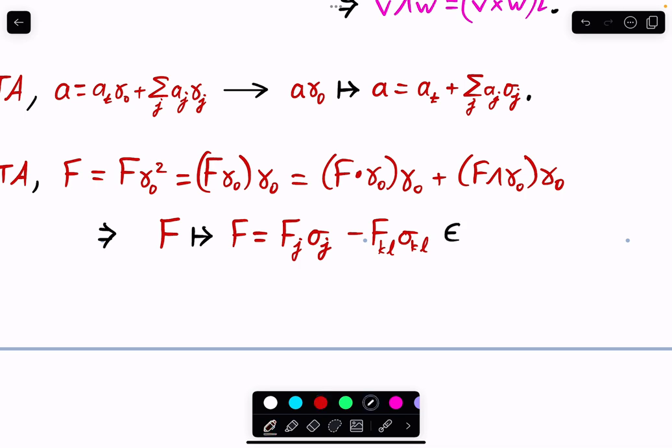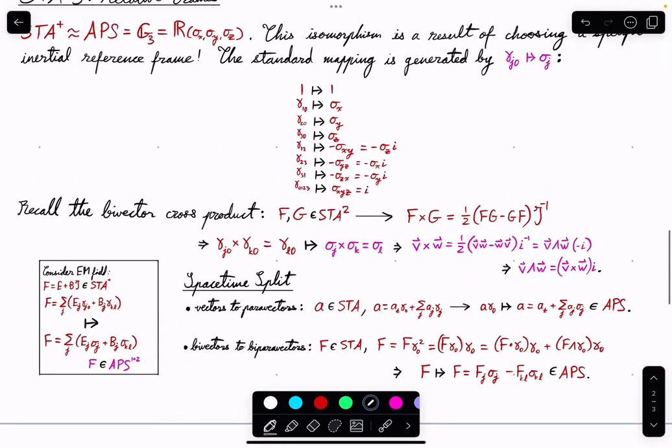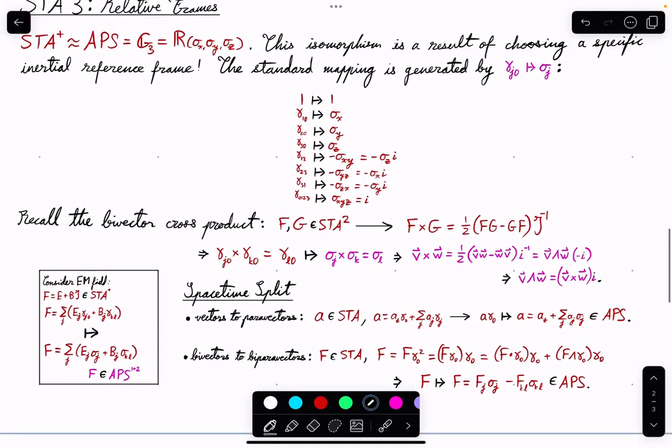So this ends up being in the algebra of physical space, just as this one does right here. And that is how the algebra of physical space is related to the space-time algebra.